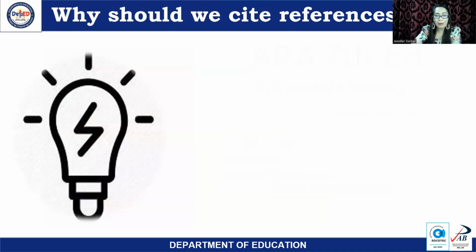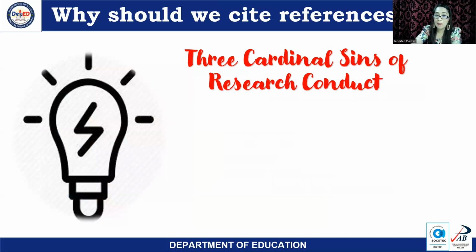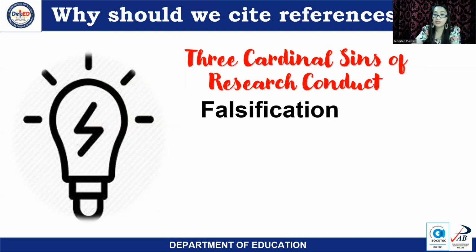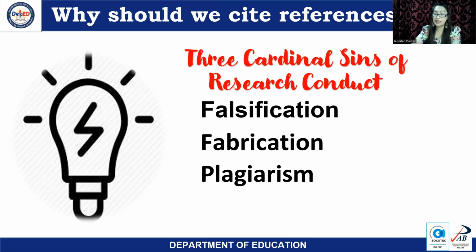Moving forward, why do we need to cite references? First, you should remember that avoiding cardinal sins of research is the foremost reason why we cite references, because it's a no-no for a researcher to falsify, to fabricate, and to plagiarize.